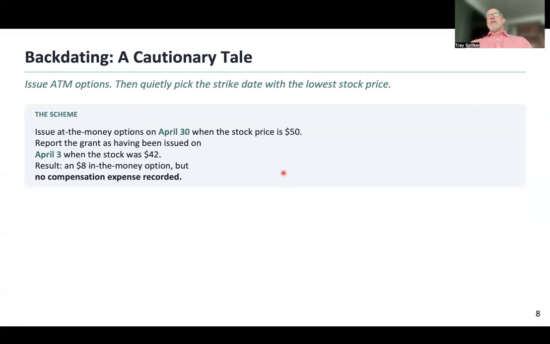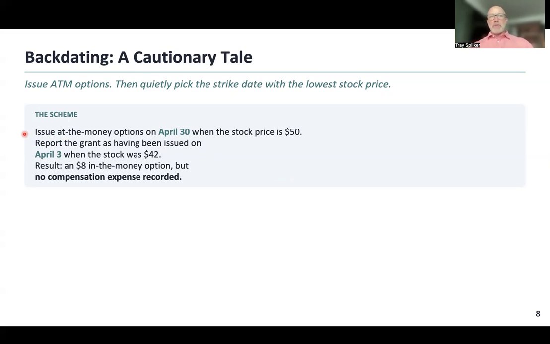In terms of employee stock options, there was a huge scandal in the early 2000s and the late 90s across many different companies issuing employee stock options. Here's the setup. They would issue an at the money option, say at the end of April, when they observe the stock price on April 30th to be $50.